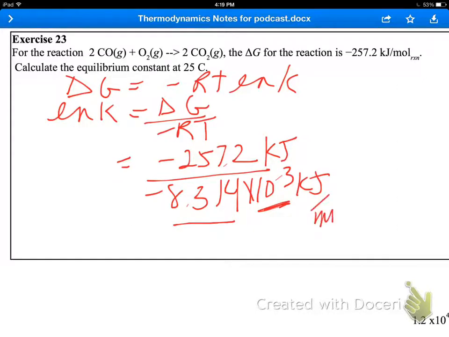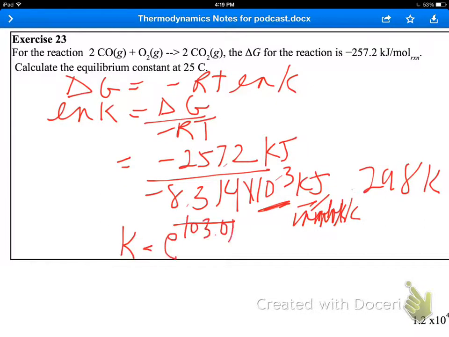Okay, this is joules per mole K, times 298 K, my bad. And then I multiply it out, I get K equals e to the 103, which is about 1.2 times 10 to the 45th.